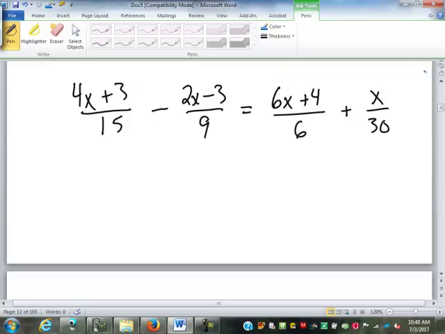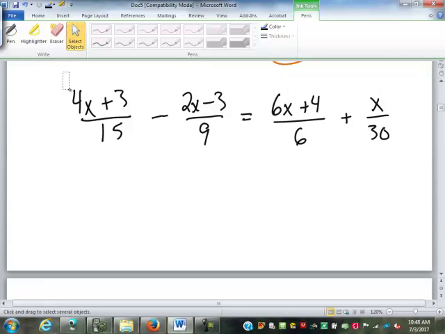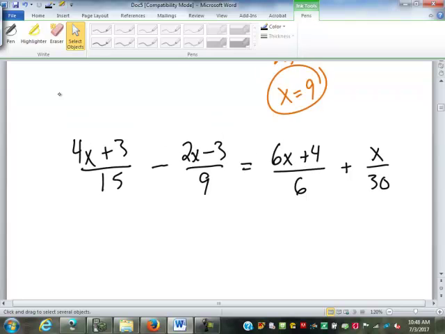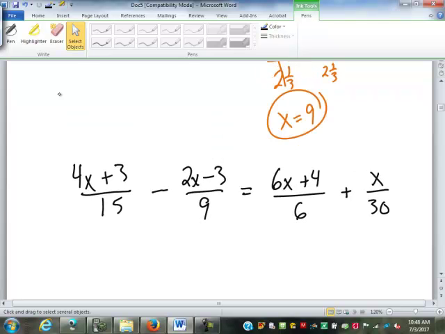First thing we have to do here is find the least common denominator for 15, 9, 6, and 30.